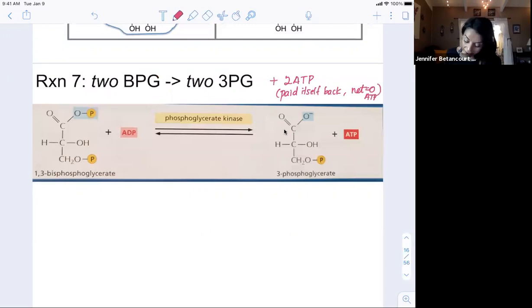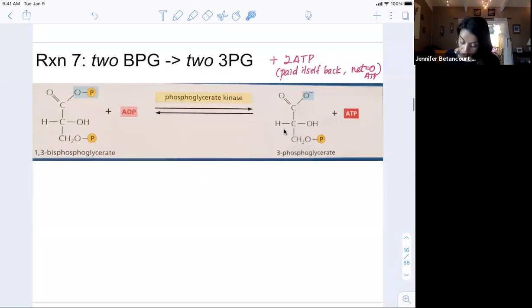Just quickly talking about this, phosphoglycerate kinase catalyzes the dephosphorylation of 1,3-bisphosphoglycerate at carbon number 1, right? So 1, 2, 3.